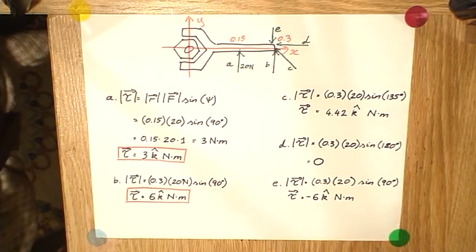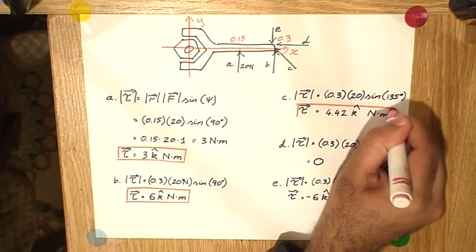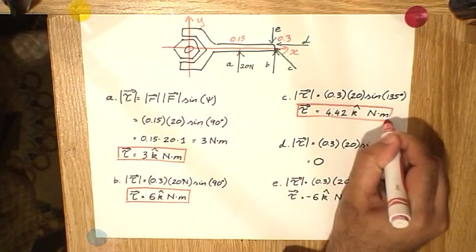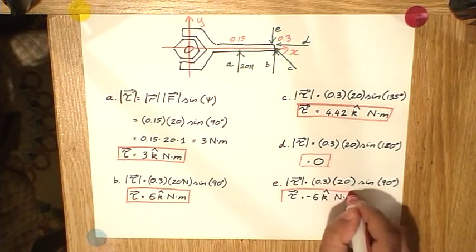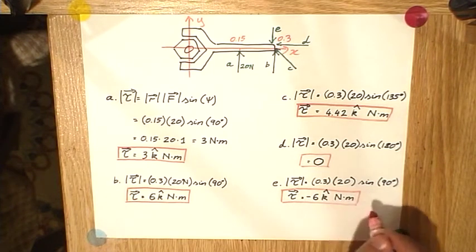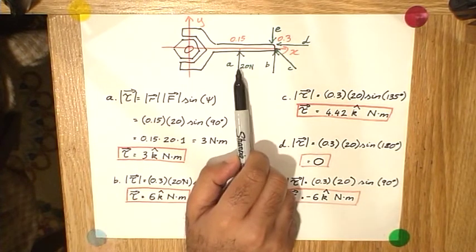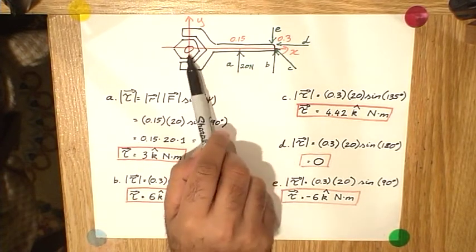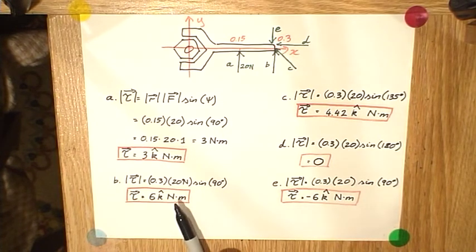So we have now solved for the size of the torque in each one of these different cases. And we can see some patterns over here. As the distance of the force away from the center of rotation increases, the torque also increases.